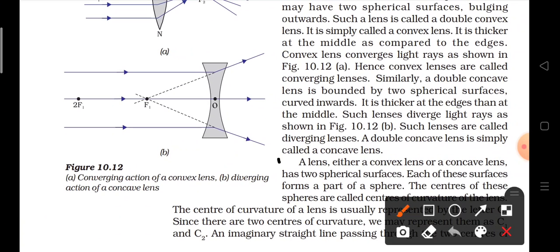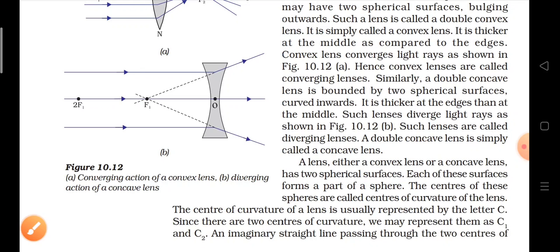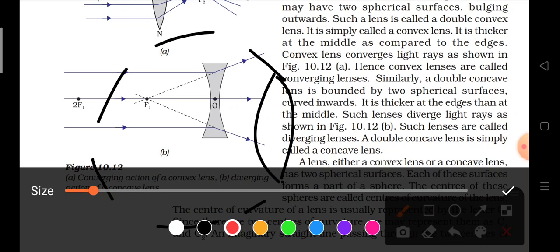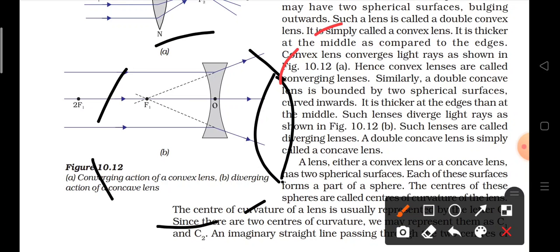A lens, either concave or convex, has two spherical surfaces. Each of these surfaces forms a part of a sphere. If we draw a convex lens, each surface is a part of a sphere. One I have drawn in black, the other in red.